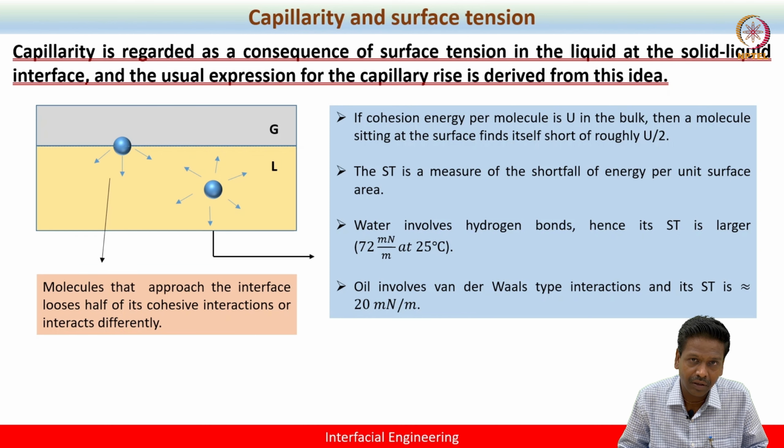Since all the neighboring molecules interact and there is a pairwise interaction between all the molecules, the cohesive energy per molecule in the bulk, let's say, we denote as U.